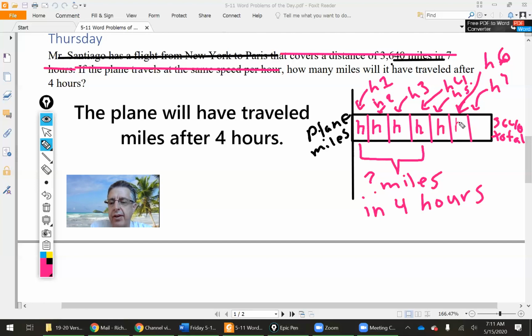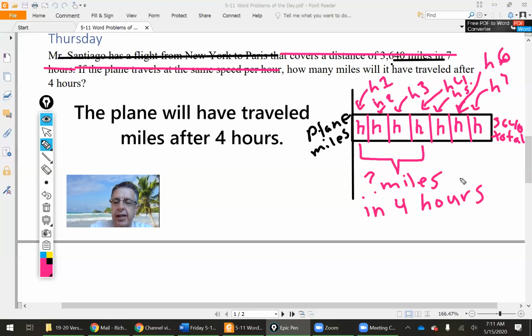If I know how many miles are in 1 hour, then I can add up 4 of them to find out how many miles are in 4 hours. So my expression, I'll write down here.